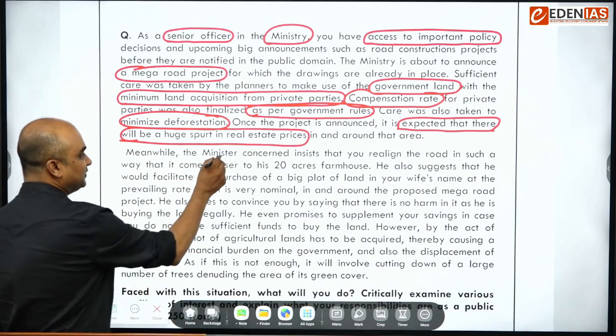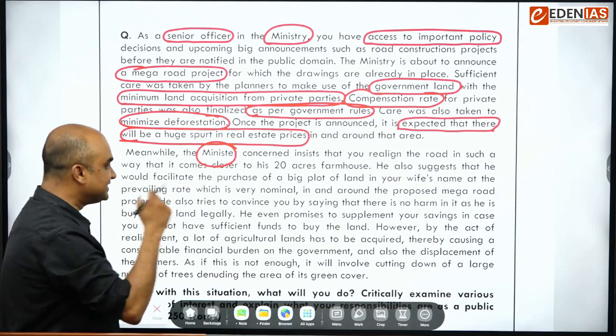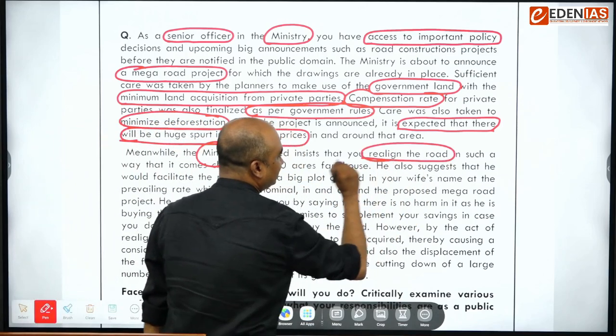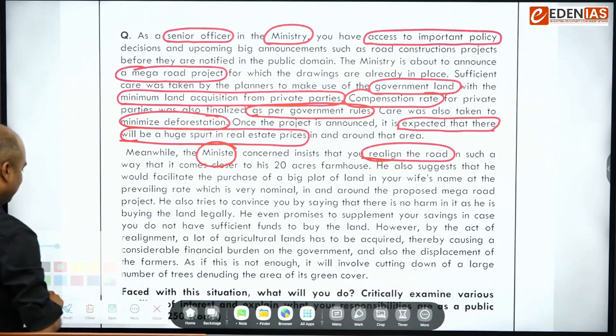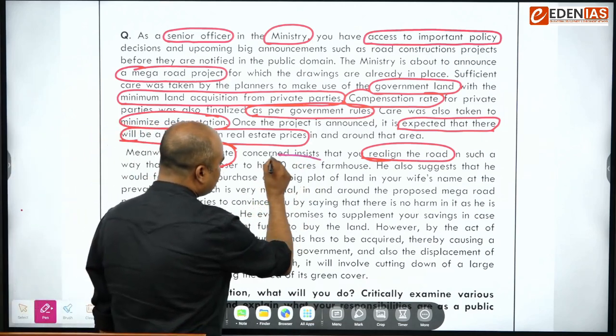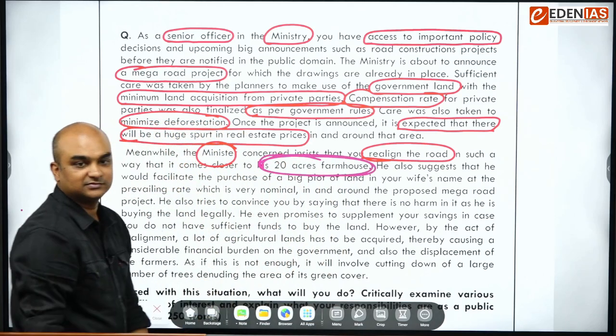So there is this particular minister, who is obviously in charge of the entire ministry, who says please realign the road. And why realign it? So that it comes close to my 20-acre farmhouse.